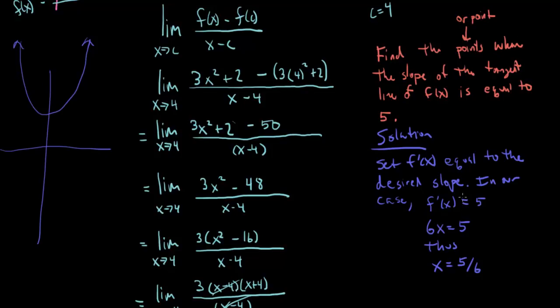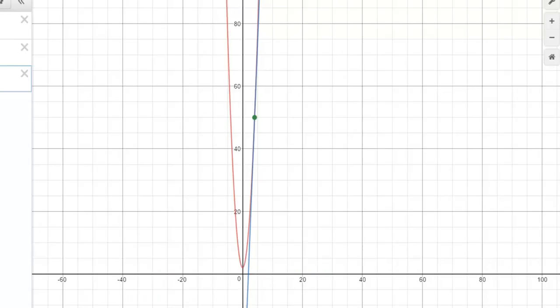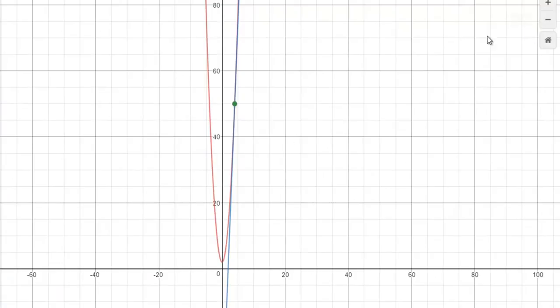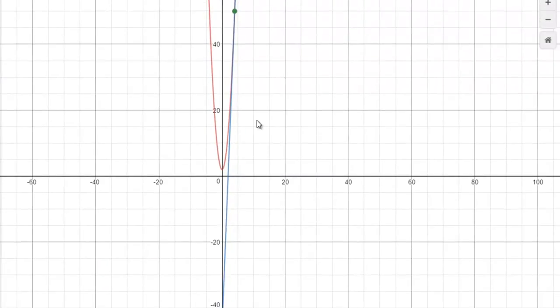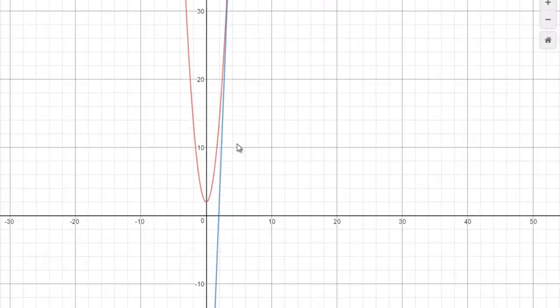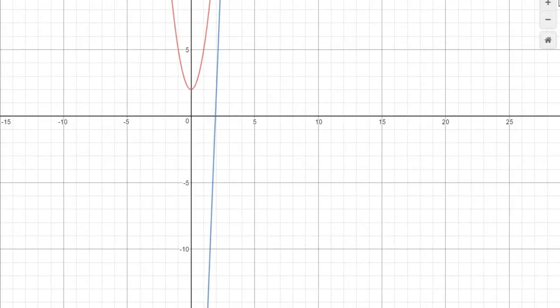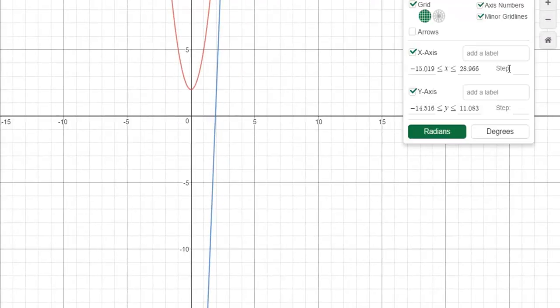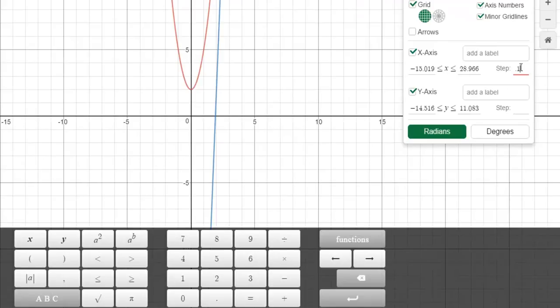Okay, now let's verify that. So x equal 5 over 6 is the only spot where the slope should be 5. Let's check it out. Okay, let's see if we can zoom in. We said 5 over 6. Let's see what our step is here. Step is 0.1.